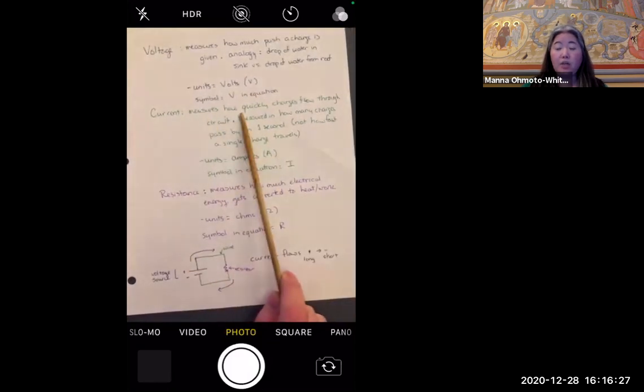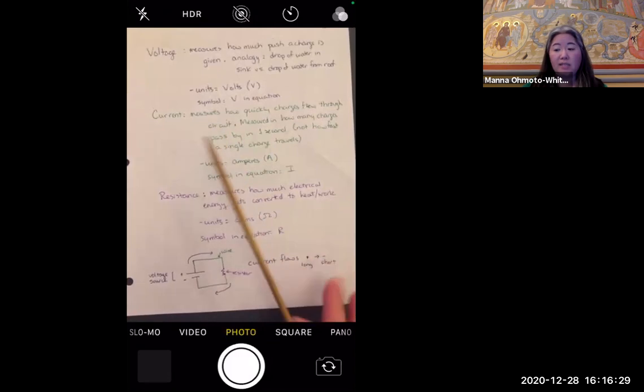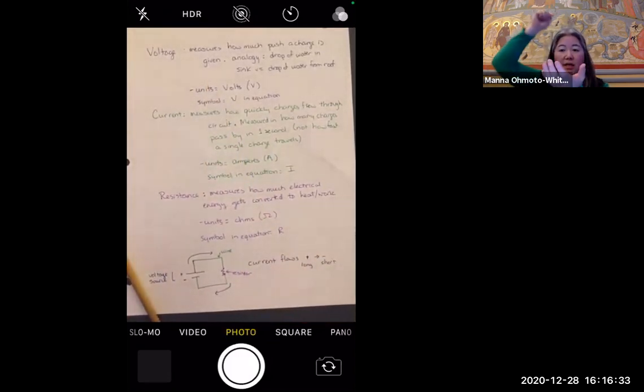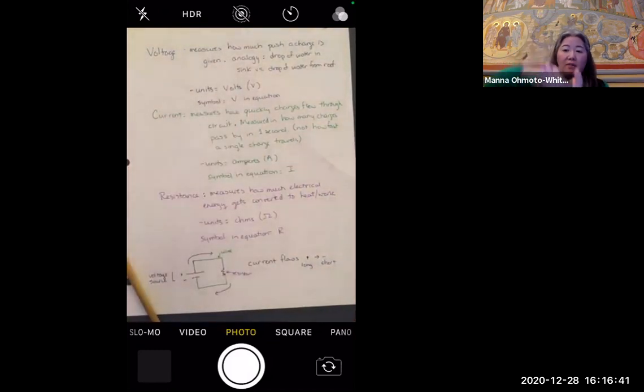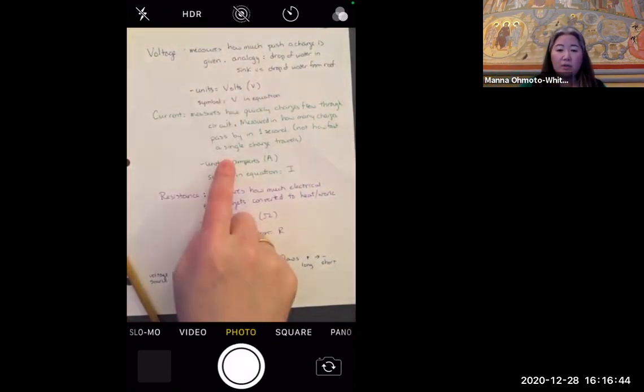Current measures how quickly the charges flow through. So it's different than the voltage, right? I can have a drop coming down one at a time very slowly, and the feeling of how it hits my hand will be the voltage. How many of them hit my hand will be my current, right?